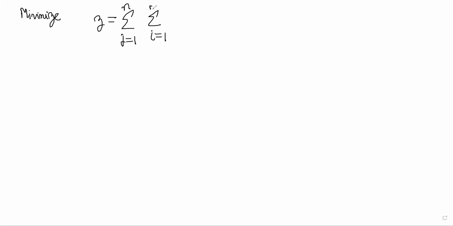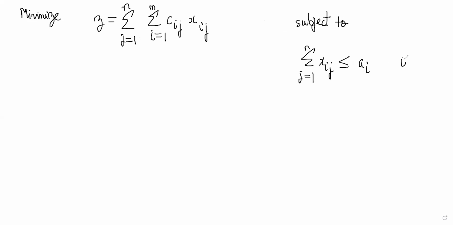Minimize Z equal to the sum over i from 1 to m and j from 1 to n of Cij xij, subject to the conditions: the sum over j from 1 to n of xij is less than or equal to ai, for i from 1 to m, and the sum over i from 1 to m of xij is equal to bj, for j from 1 to n.